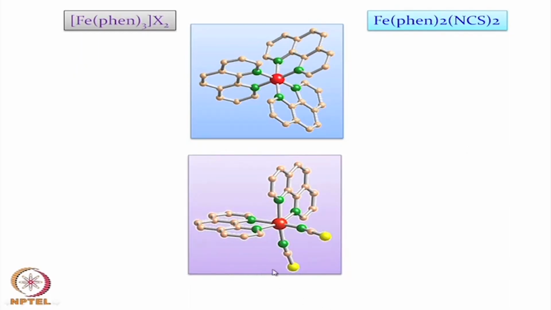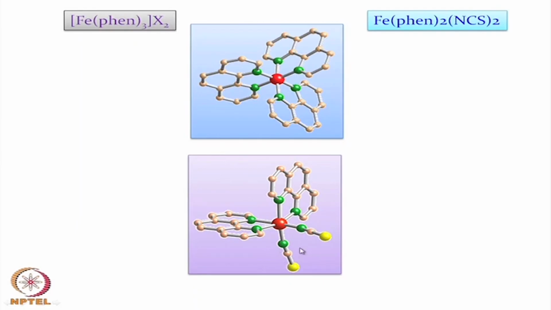So, the other molecule will look like this. We have not substituted these 2 groups. These 2 groups are still there, and we have only the corresponding NCS and NCS binding. So, the environment around iron is still Fe(N)6.